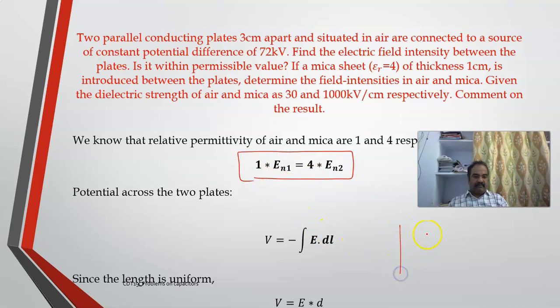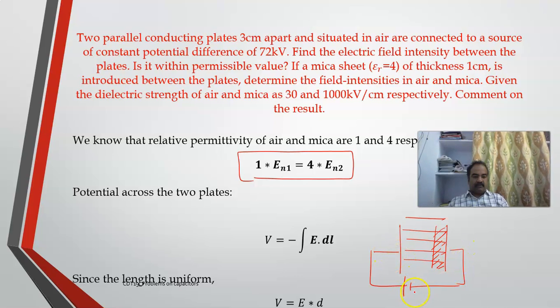And for this medium, this was the field. What is the total voltage now? This is my total voltage. V is equal to E into D. This is a normal formula which we infer. But here in this case, there are two fields. This is one field, this is another field.